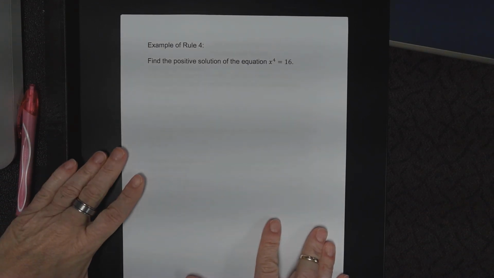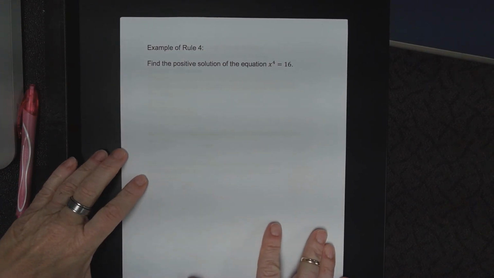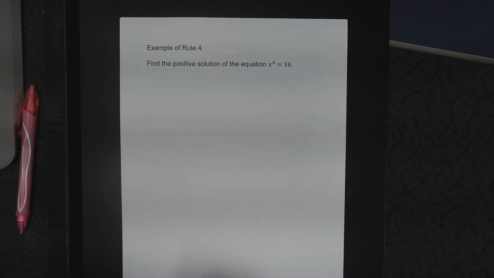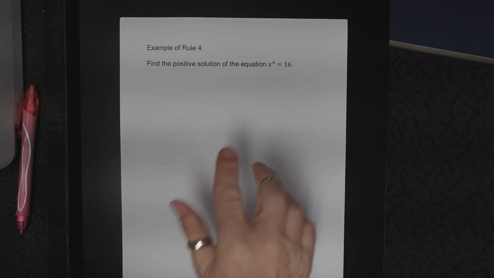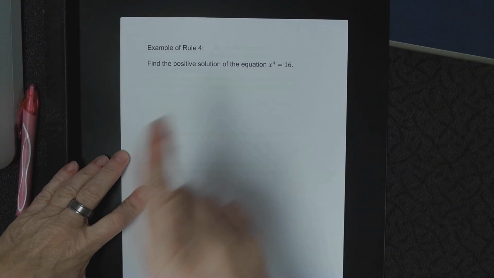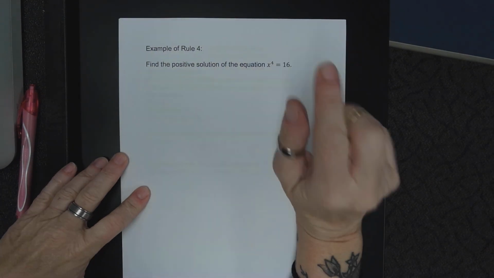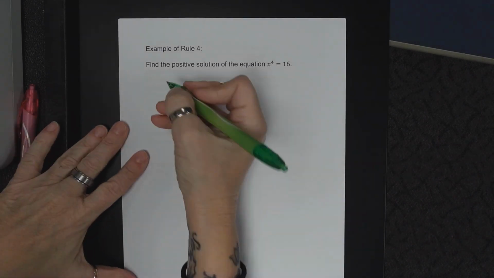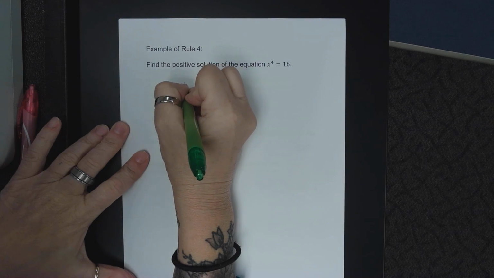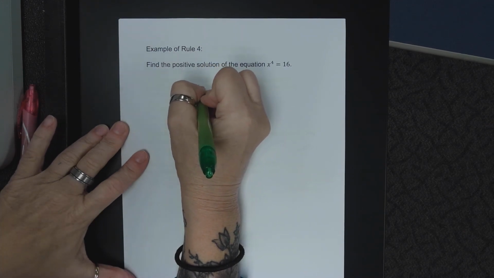So this one says to find the positive solution of the equation x raised to the 4th power equals 16. So to do this, remember we could write it different ways, but to get rid of a 4th power, we could always take the fourth root. So I'm going to write x to the fourth equals 16.